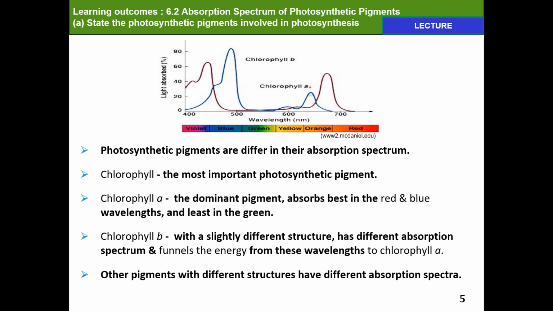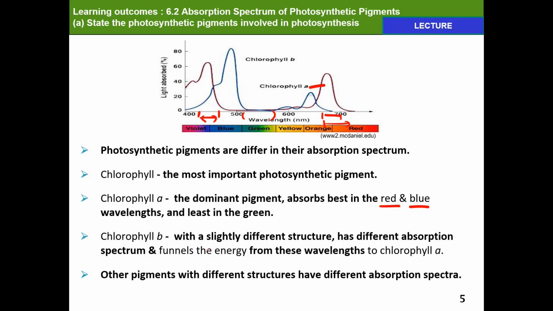Chlorophyll a, with the red graph above, is the dominant pigment in the plant leaf and absorbs best in the red and blue wavelengths. It absorbs best in the red area, then the blue, and absorbs the least in the green.